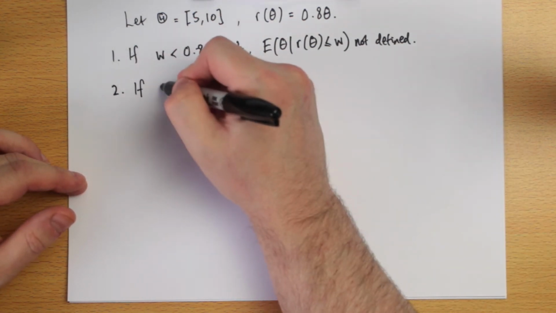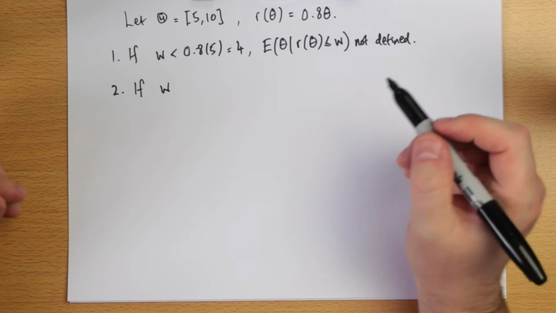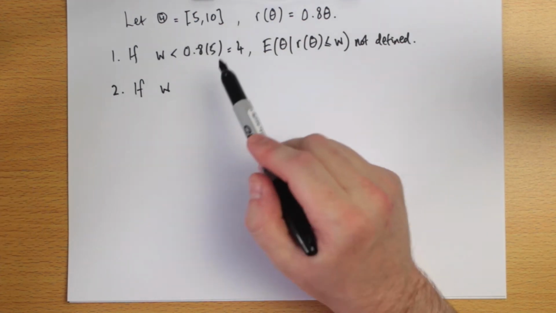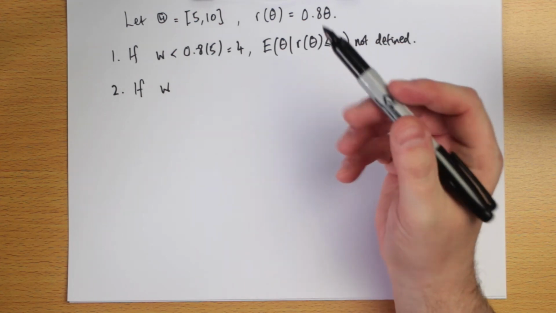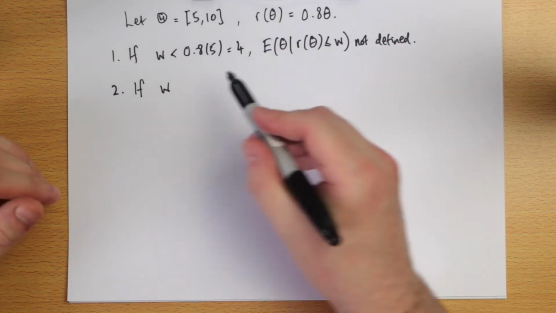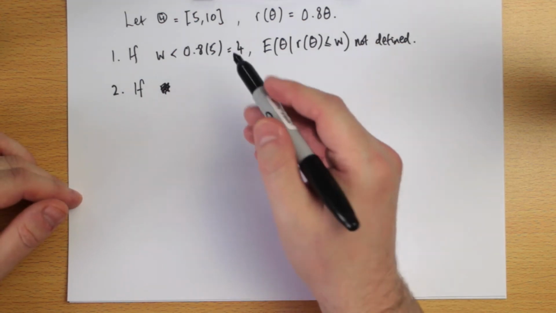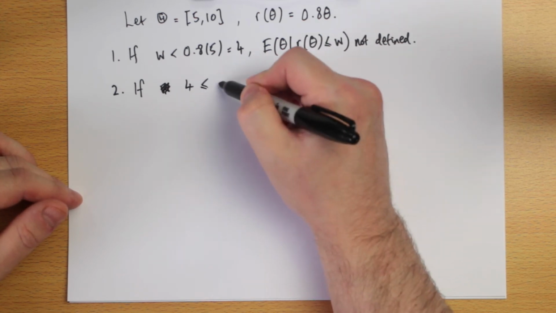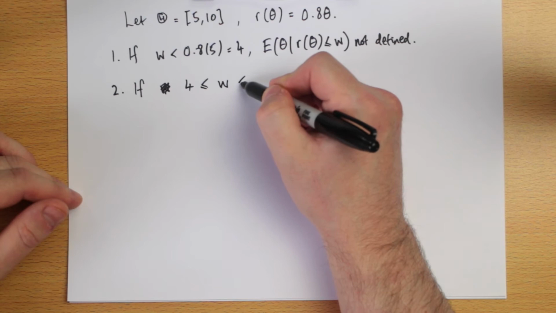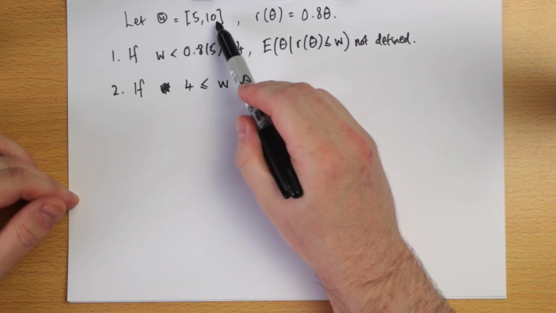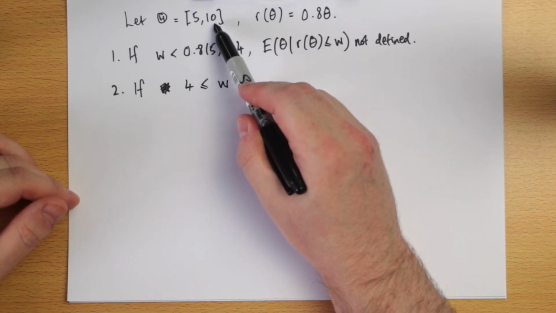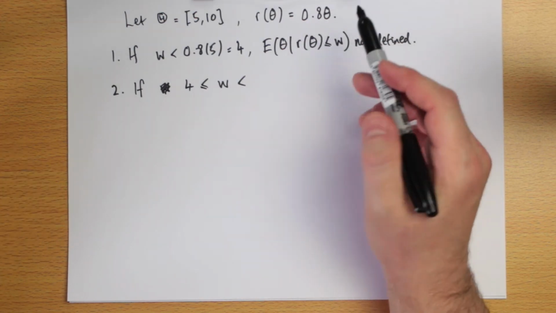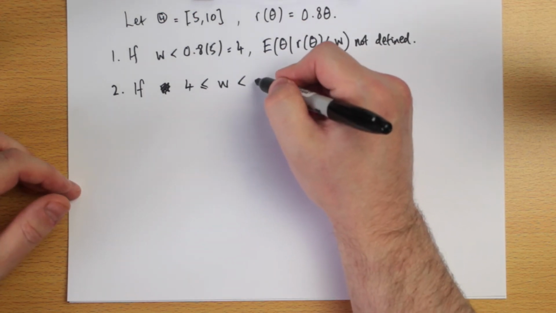Second case, the more interesting case. So what do we want? We want to say, I want some people to accept, but not all people to accept. So this is the interesting case. Let's say 4 is less than or equal to the wage, which is less than, the highest person who has productivity 10, they need at least 8.